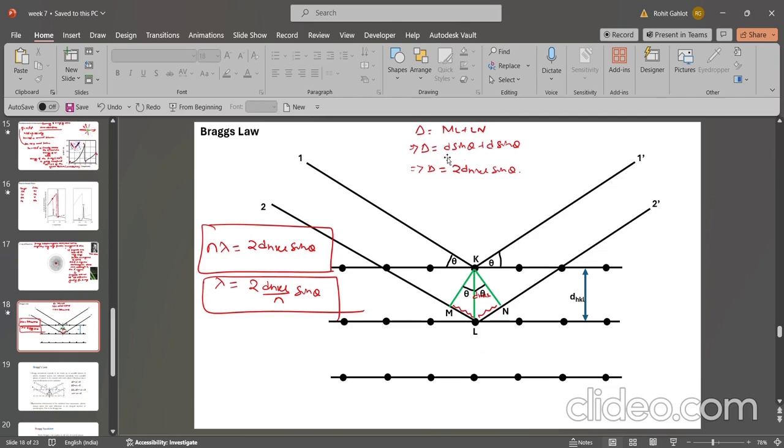So ml is d sine theta, and ln is also d sine theta. So this path difference is 2d sine theta, and d is d_hkl, the distance between these atoms. So n lambda is 2d sine theta, and from here we can write lambda as 2d_hkl by n, sine theta.